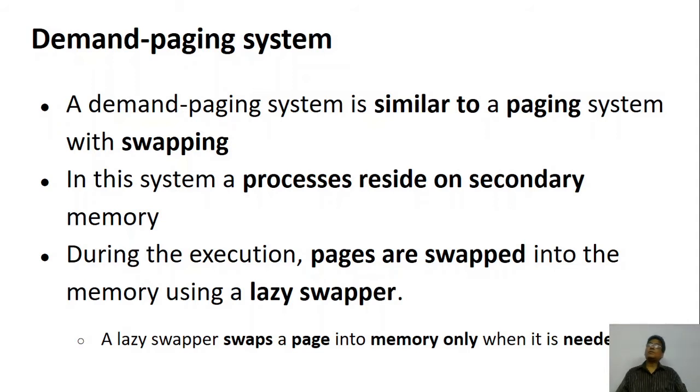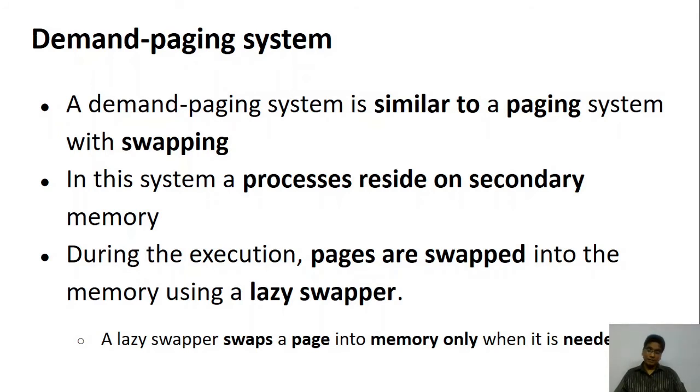When the program executes, the corresponding pages are swapped into the memory, and this is done using a special type of swapper called a lazy swapper. This swapper will not load the entire program into the memory, rather it will load only those pages which are required.